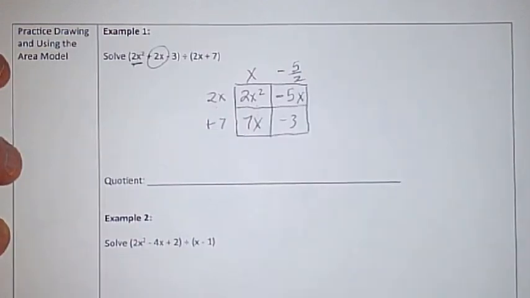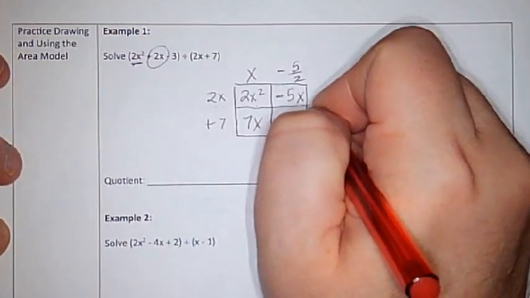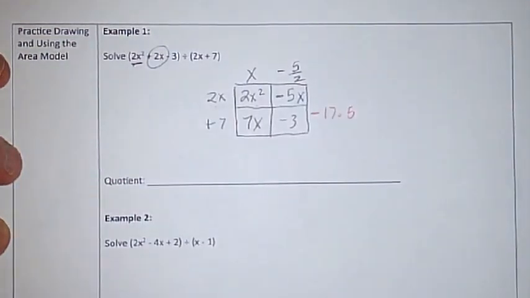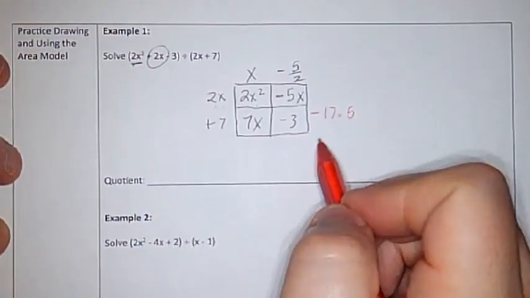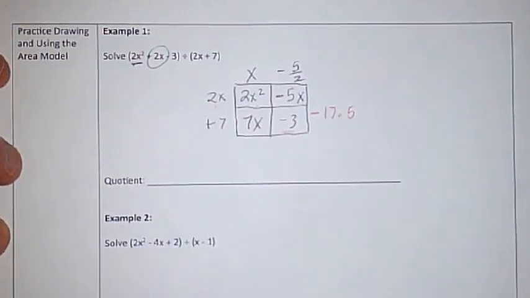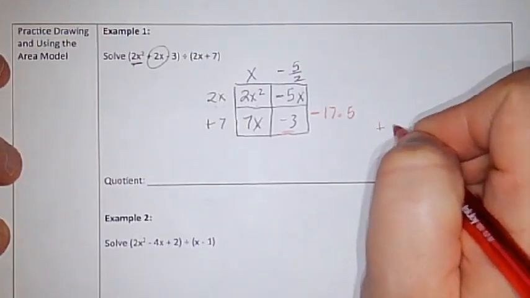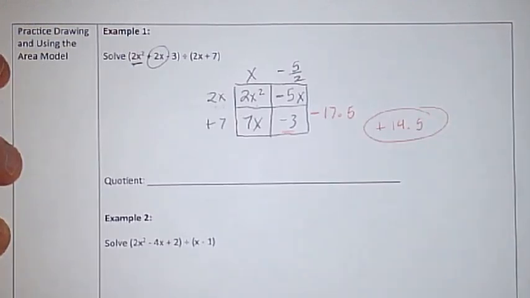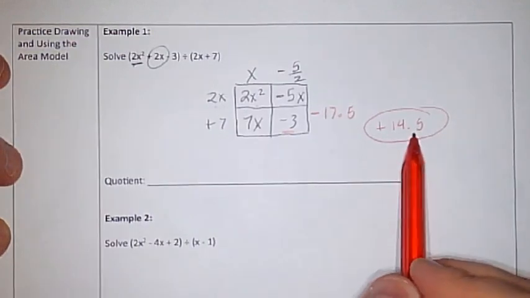Negative 5 halves times 7 gives me negative 35 halves, which is negative 17.5. But I was supposed to have negative 3. So what would I have to add to negative 17.5 to get negative 3? I would have to add 14.5. Because negative 17.5 plus 14.5 gives me negative 3.